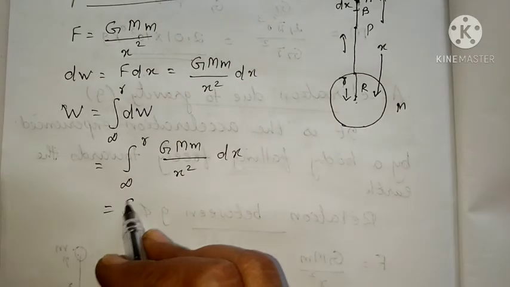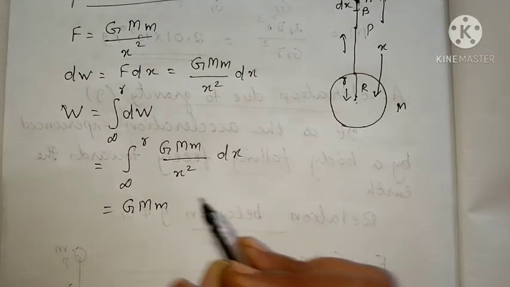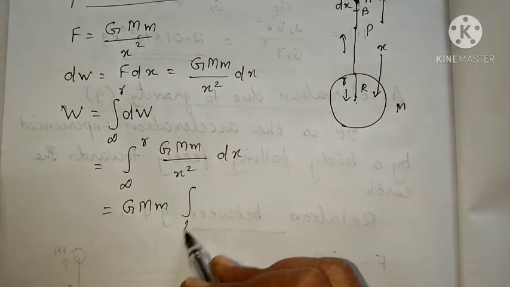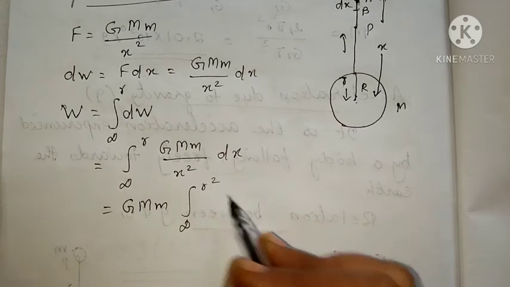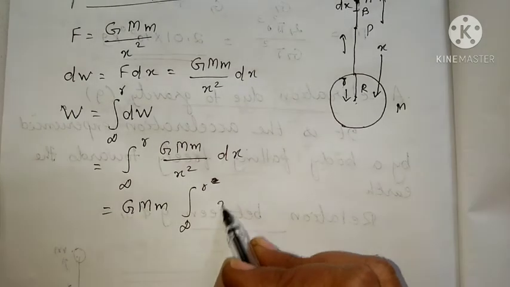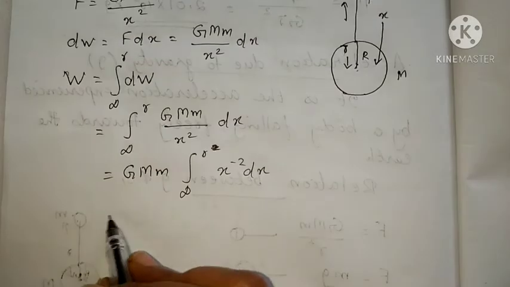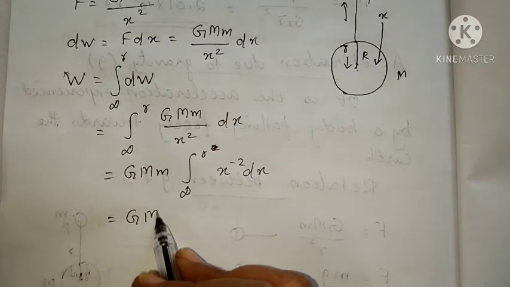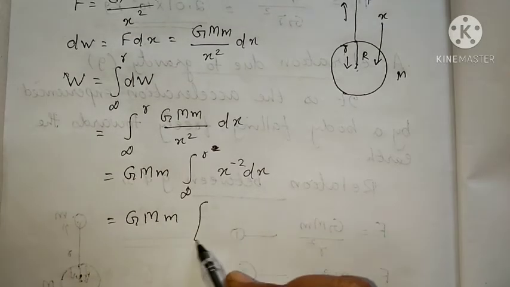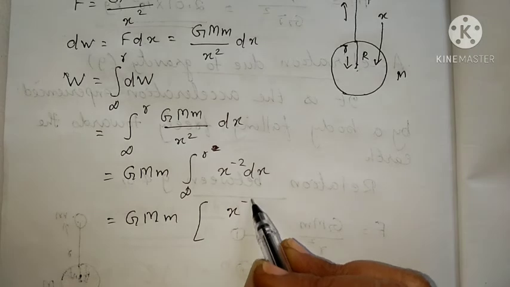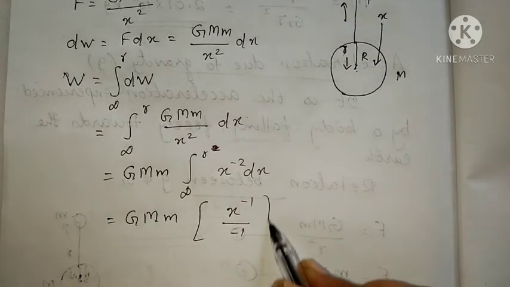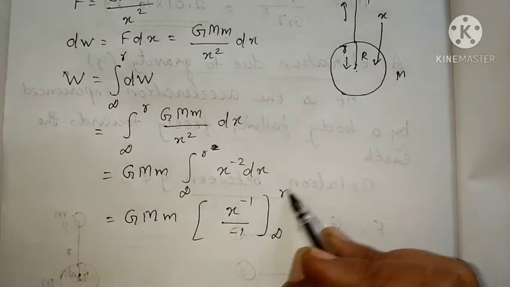Then take the GMm outside, then apply the integration from infinity to r of x raised to minus 2 dx. Then integrating, we get GMm into the square bracket x raised to minus 1 by minus 1 within the limits infinity to r.